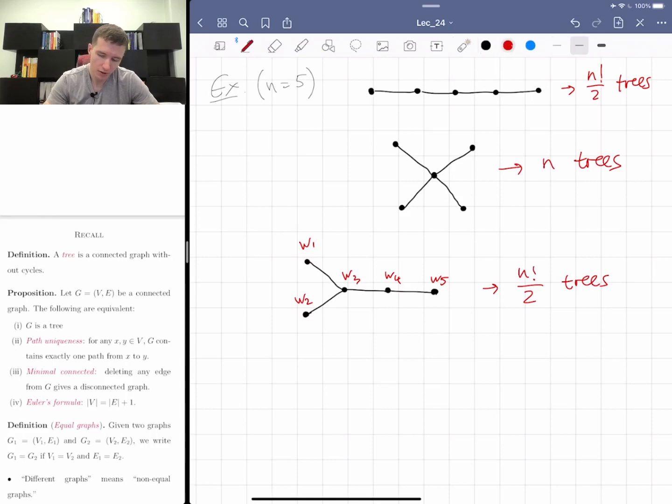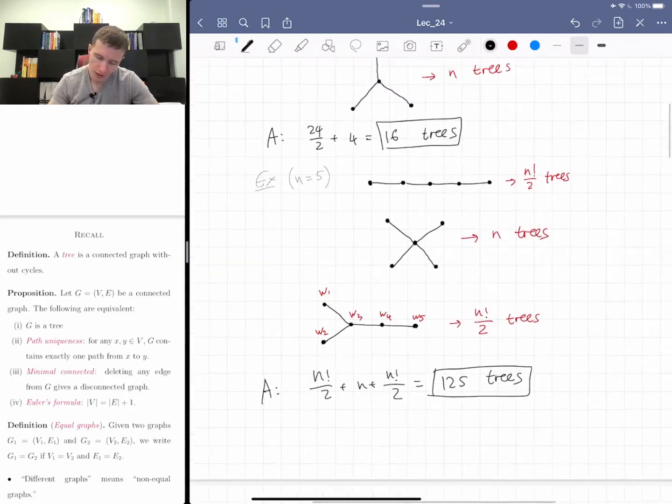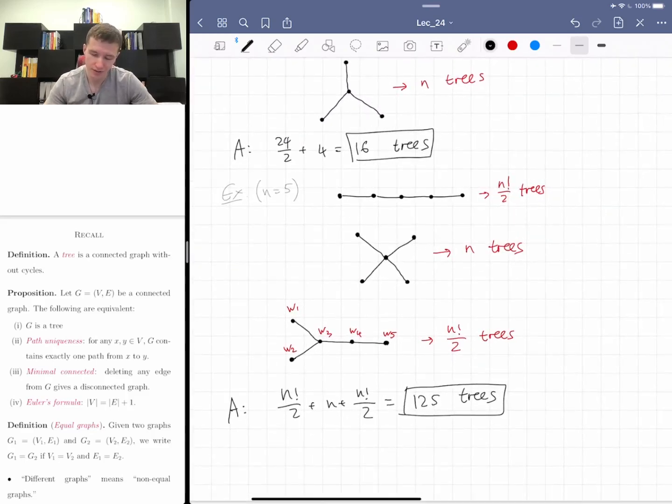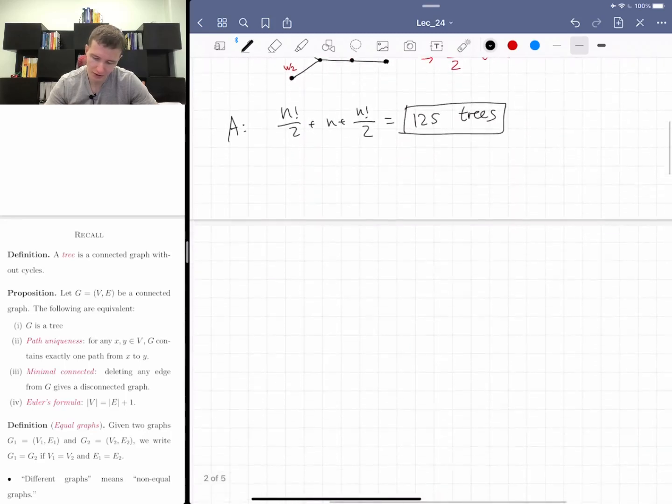So the answer is n factorial over 2 plus n factorial over 2, plus n, which is 120 plus 5, so that's 125 trees. And now this becomes suggestive. 1, 3, 16, 125.